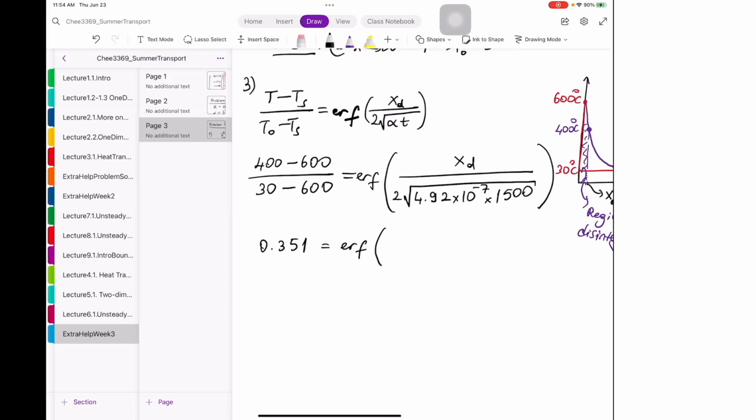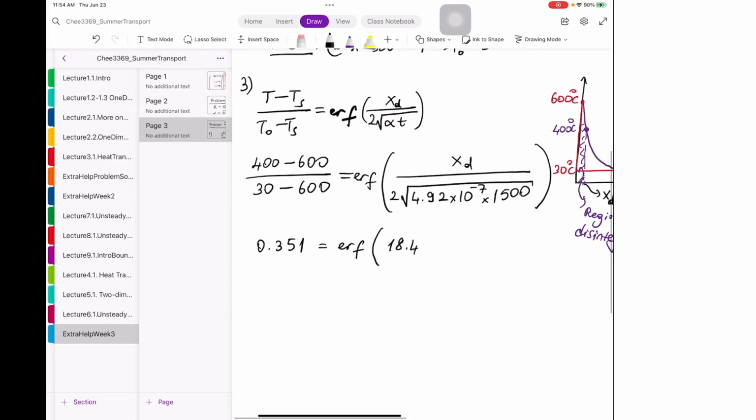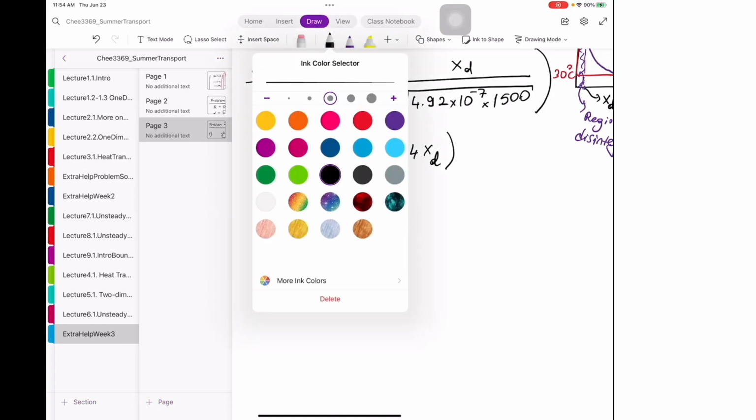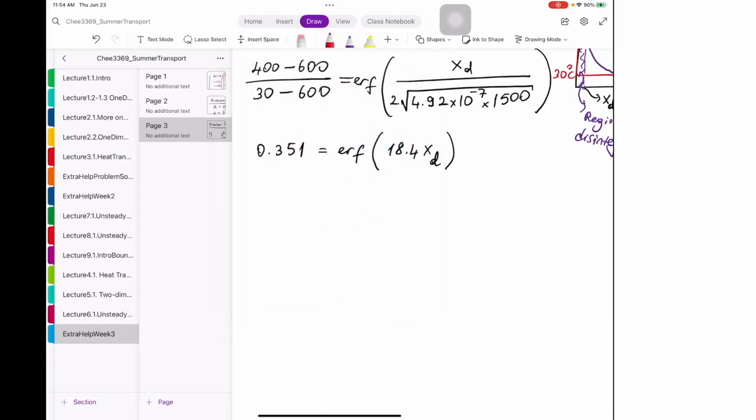This one should be something like, if you look for the error function tables, to get this number you should get something roughly around 0.32.